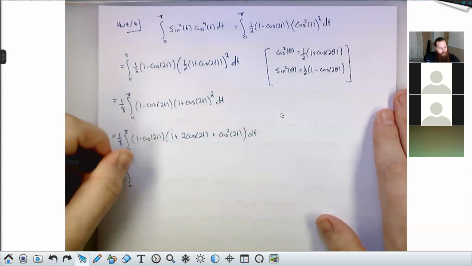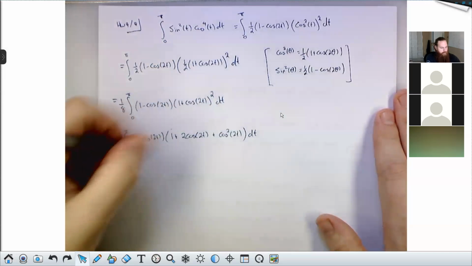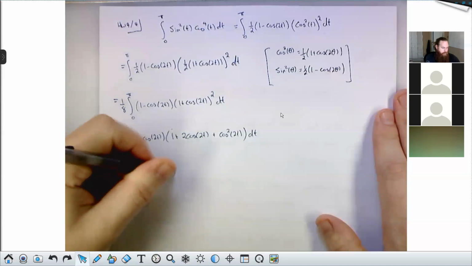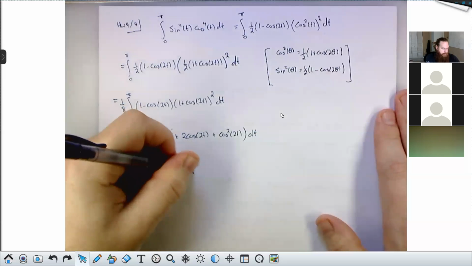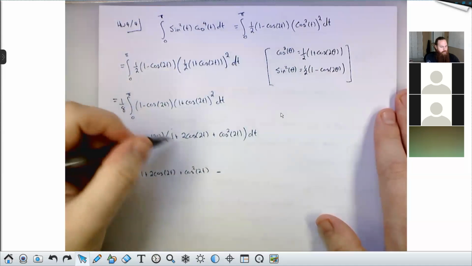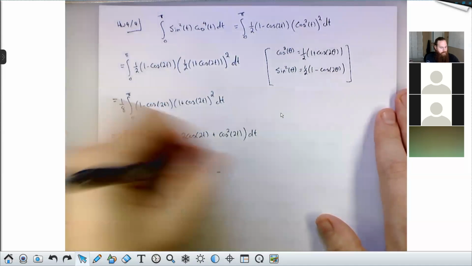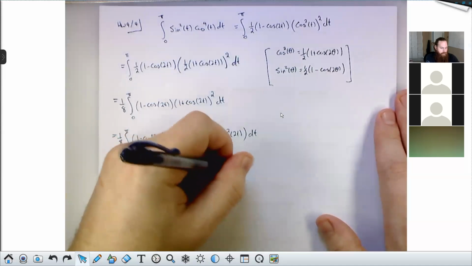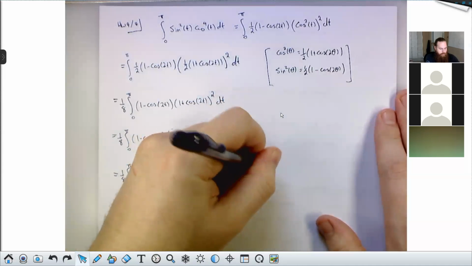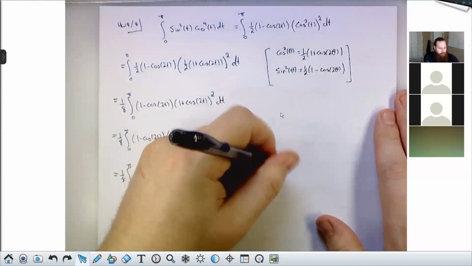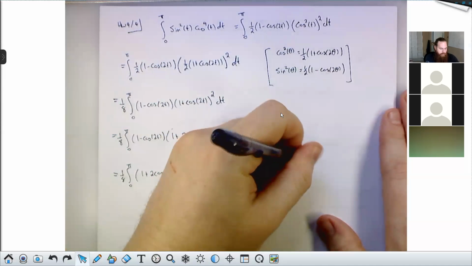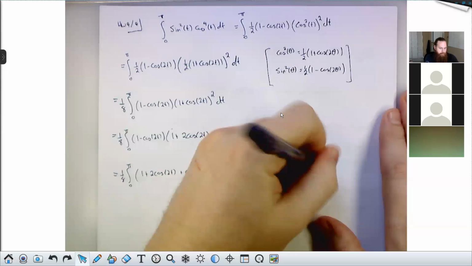When I distribute the 1 over all of this, I'll just get that back: 1 plus 2 cos 2t plus cos squared 2t. And then I'll distribute the minus cos 2t over all of this. So minus cos 2t times 1 is minus cos 2t. Minus cos 2t times 2 cos 2t is minus 2 cos squared 2t. And then minus cos 2t times cos squared 2t is minus cos cubed 2t.